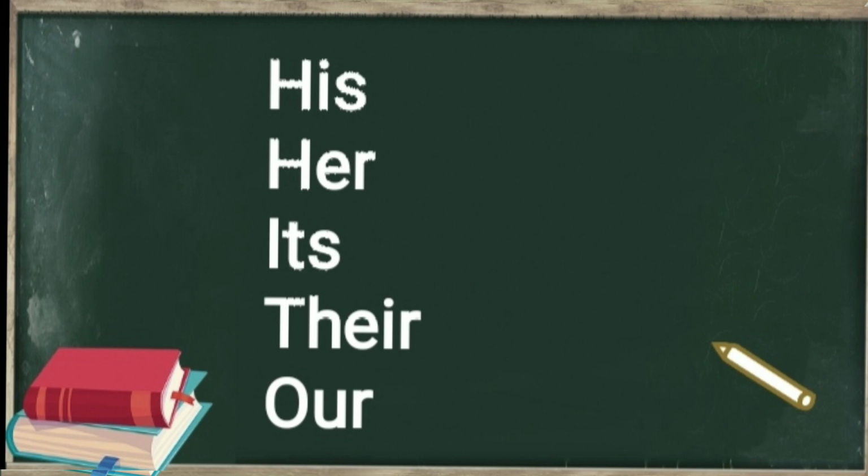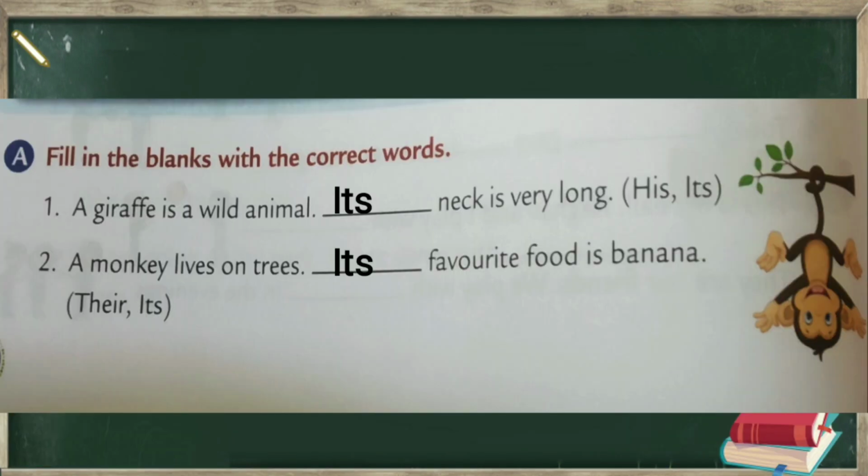Now let us start with the exercise on page number 44. Fill in the blanks with the correct words. A giraffe is a wild animal. Dash neck is very long. His, its.